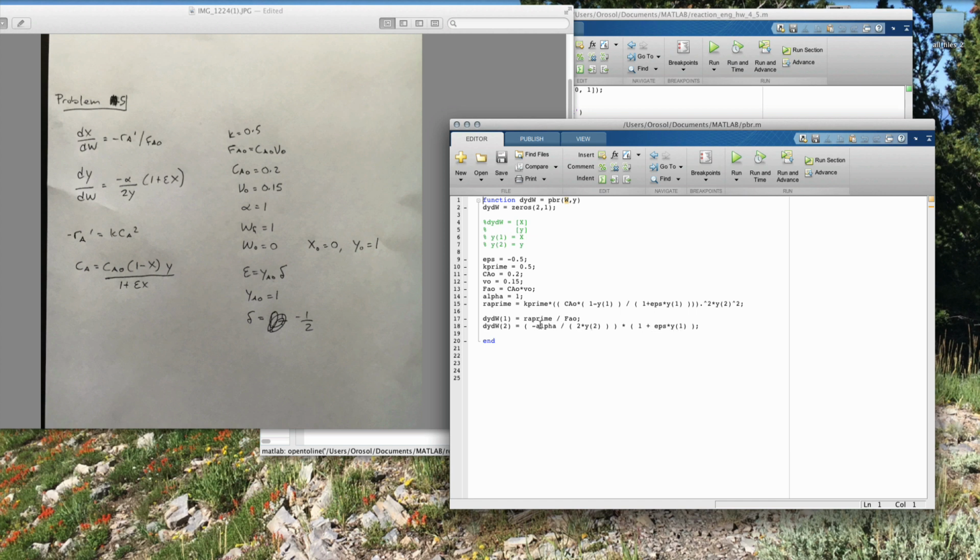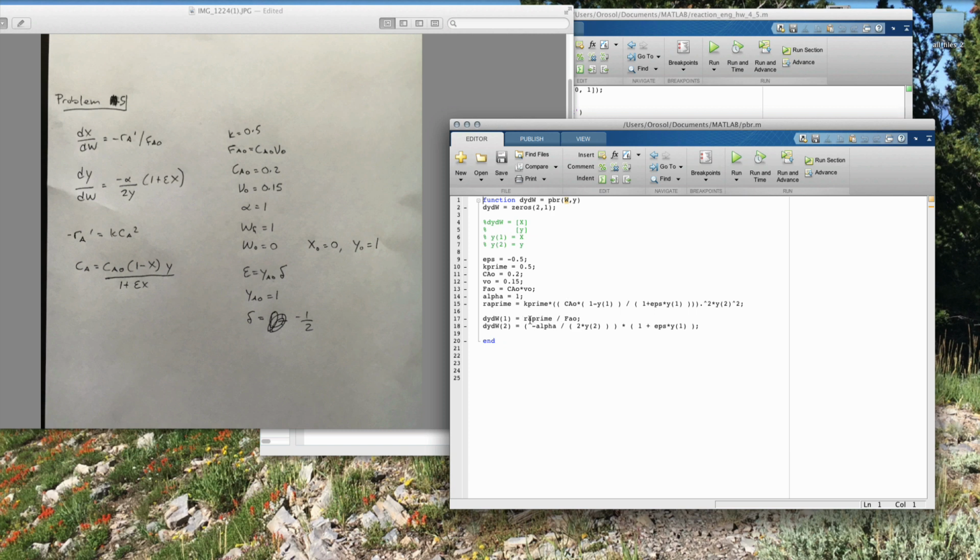And so you can see why in the last program, when I had the dy dw, I put in this equation, the RA prime divided by FA naught, instead of taking the CA over here, putting that in there, and putting your rate directly in, and then putting in this whole equation for this.